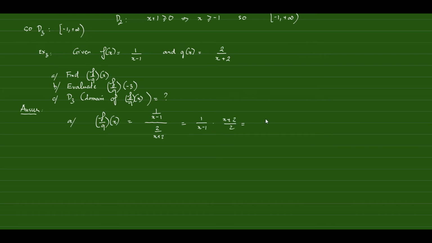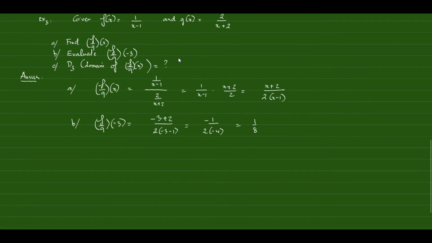So the answer will be x plus 2 over 2 x minus 1. Okay. Then on part B, you just evaluate it at negative 3. So you plug negative 3 in. Plug negative 3 here. So negative 3 minus 1, negative 4. It's negative 1, 2, negative 4. So I'll give you 1/8 as the output.